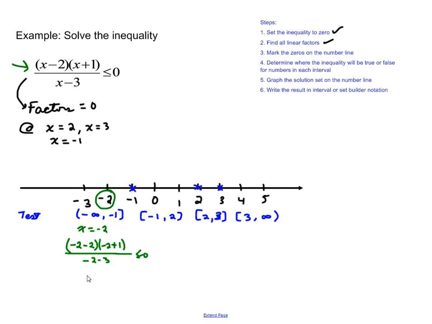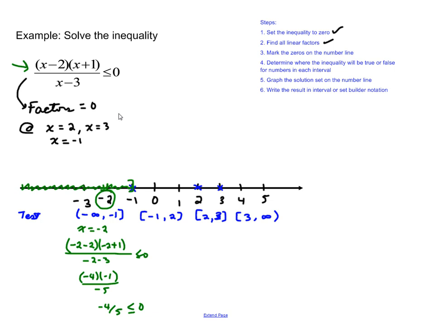In this case, we're going to get -4 in the numerator, -1 in the numerator, and -5 in the denominator. The overall result is +4 over -5, which is -4/5, and that is less than or equal to 0. So that's true, and this part of our solution set will be included: everything to the left of -1. Pardon me, -1 here. Put that in the right place.